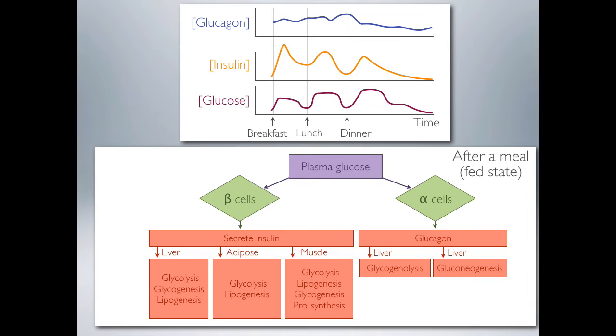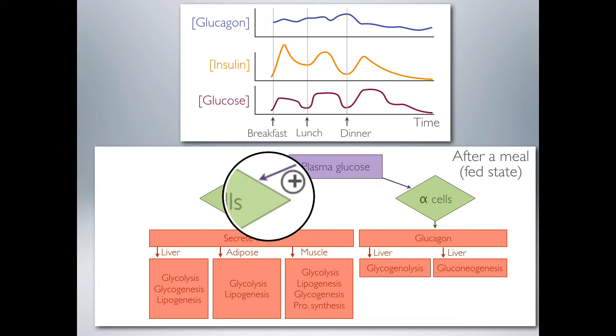Okay, so after a meal, your body is in what's called the fed state. In the fed state, you have a rise in plasma glucose, and we've already mentioned how that rise is going to stimulate the beta cells. This is nothing new.